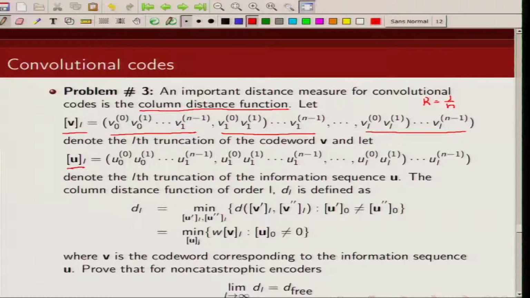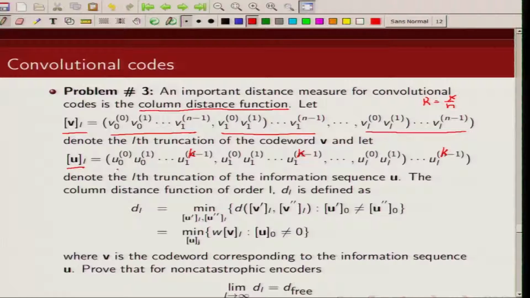Similarly, I can define my truncated information sequence. Just a minute, this is a typo, this should be k minus 1, k minus 1, and of course, if k is 1, there will be just one input.